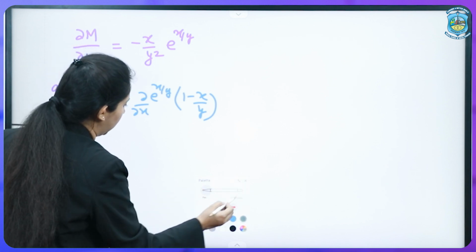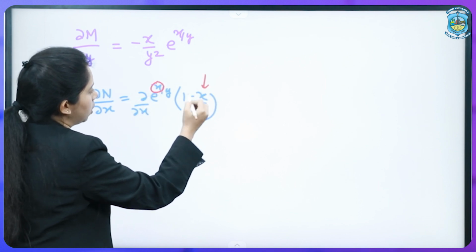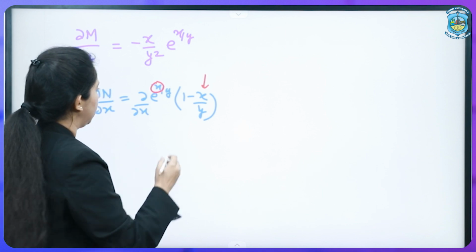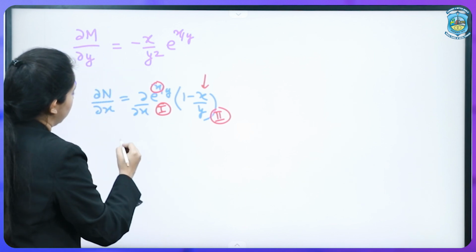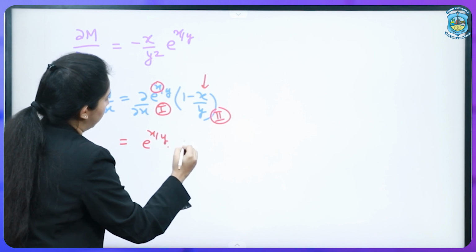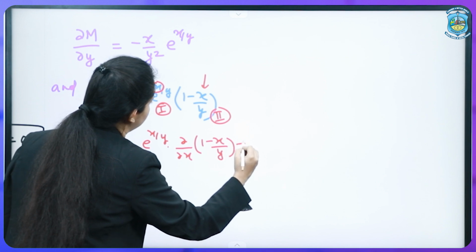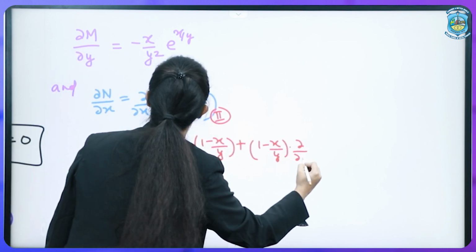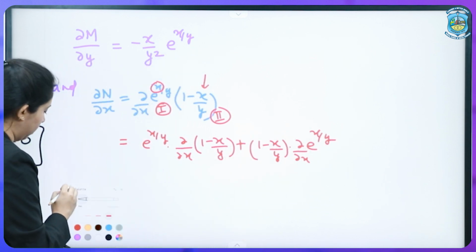Since the first function has x and the second function also has a part of x, we will have to use the product rule of differentiation. We take e^(x/y) as the first function and the bracket as the second function. According to the product rule, the first function is kept as it is, multiplied by the differentiation of the second function, plus the second function is kept as it is, multiplied by the differentiation of the first function.